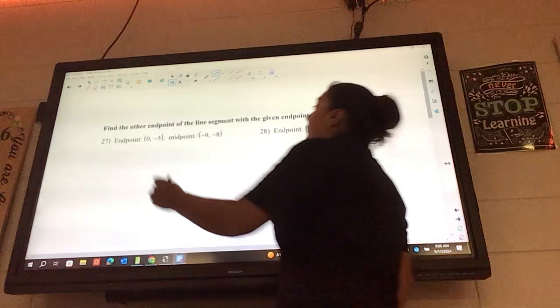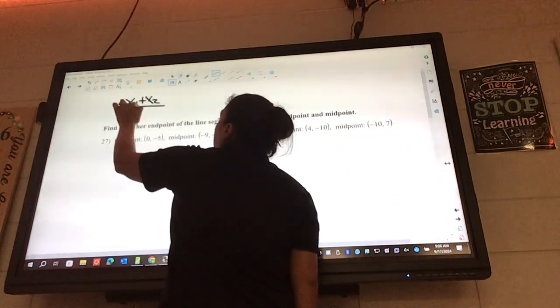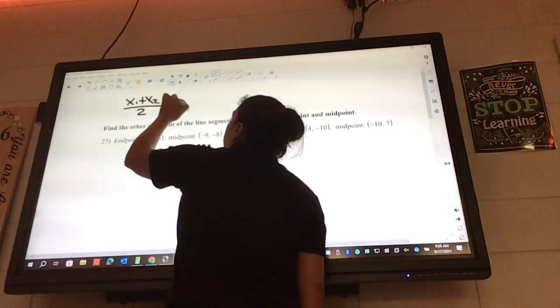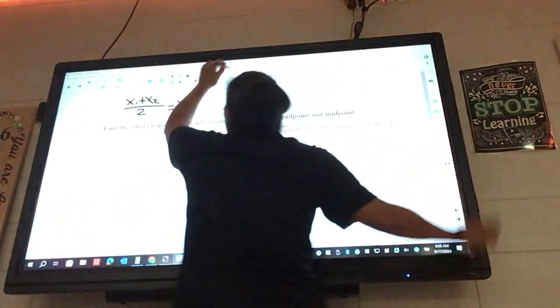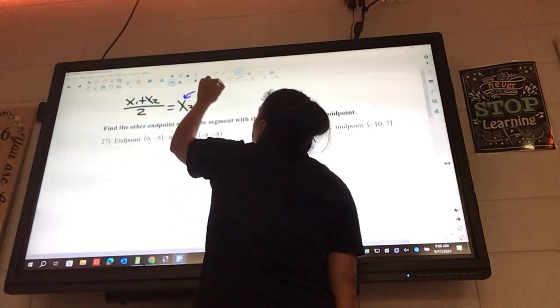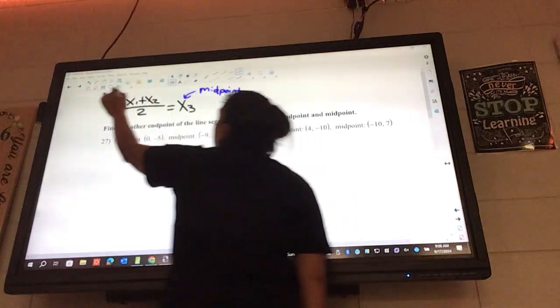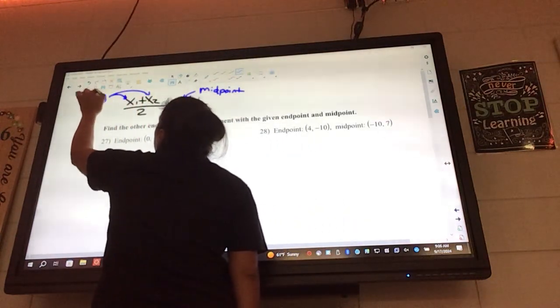Here's the formula for this one. It's going to look like x1 plus x2 over 2 equals my x3. This is going to be the midpoint. These are endpoints.